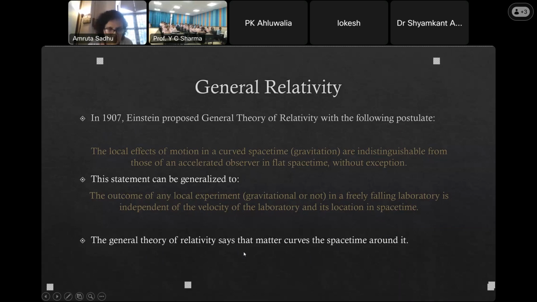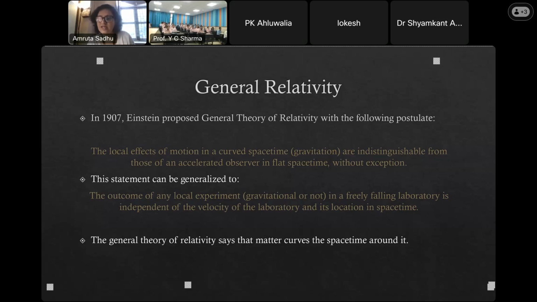In easier language, this also means that in a small enough region, we can use the special theory of relativity, but in a large region, we cannot.